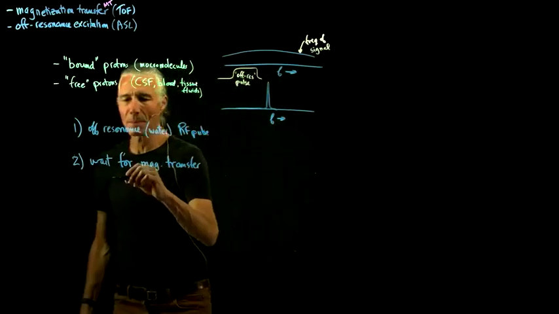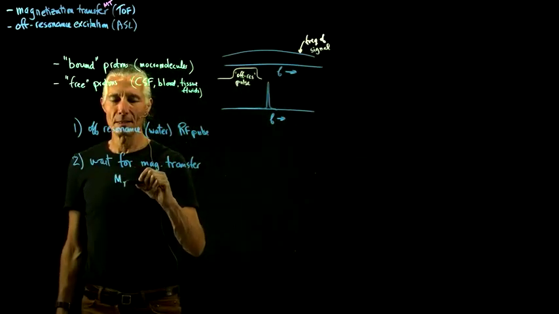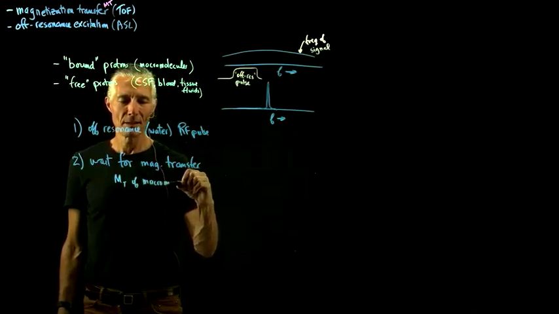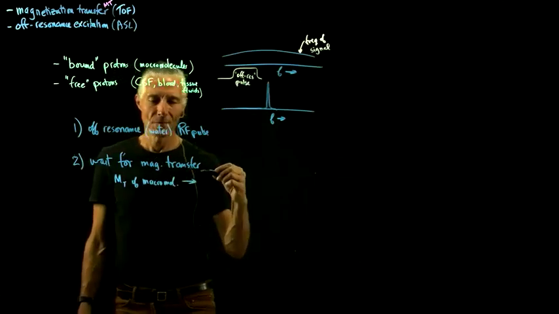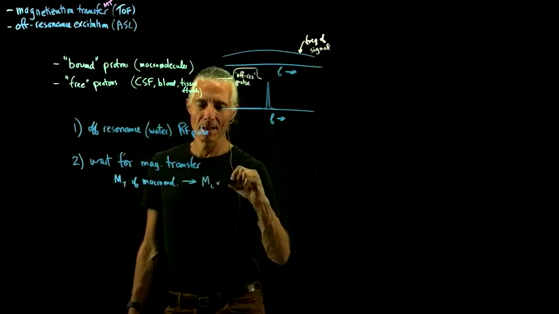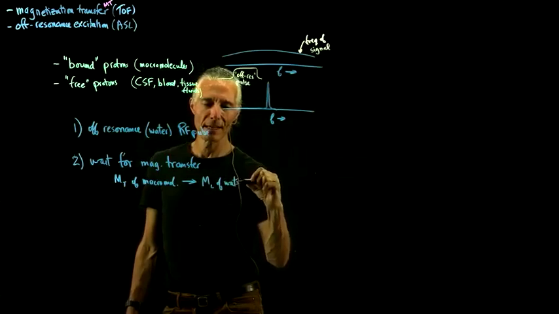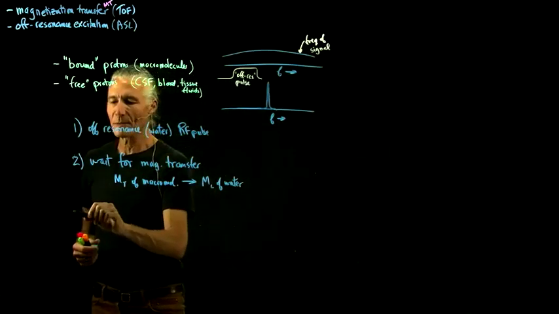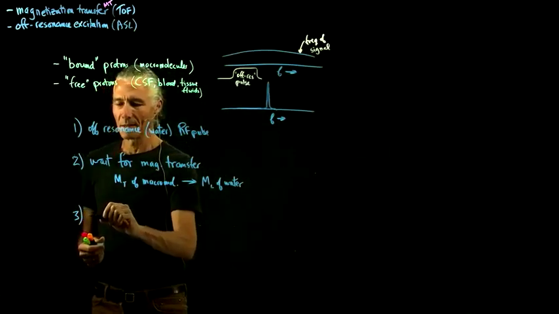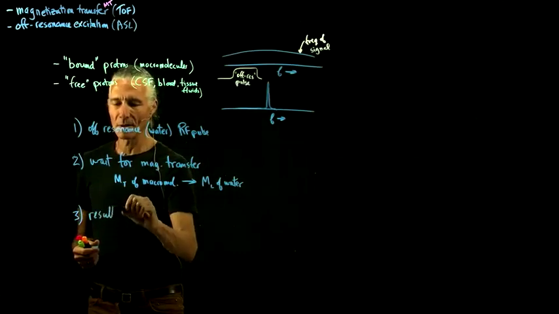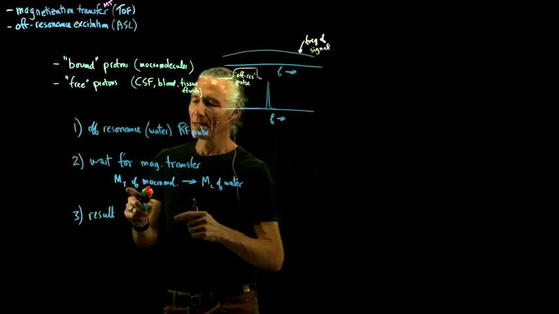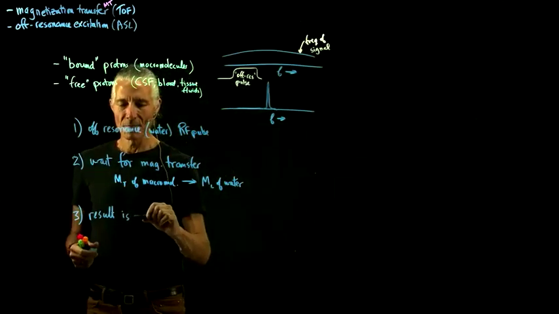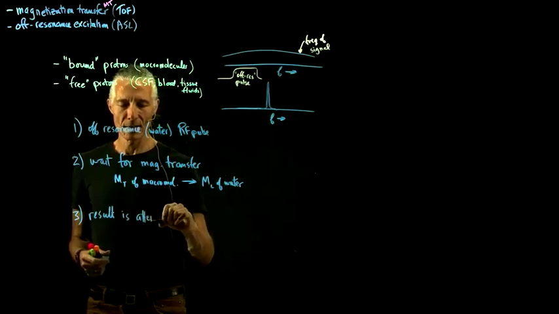So it goes from MT of the macromolecules to ML of water. And what does it do? It actually attenuates. The result of this transfer of magnetization from the transverse magnetization of the macromolecules to the longitudinal magnetization of the water is attenuation, so a reduction.